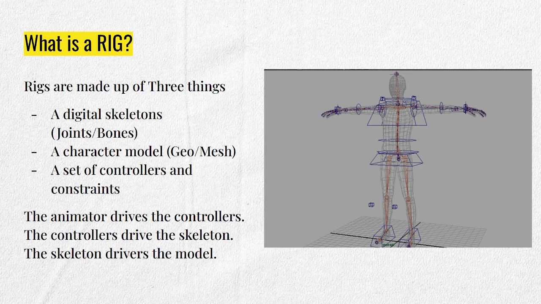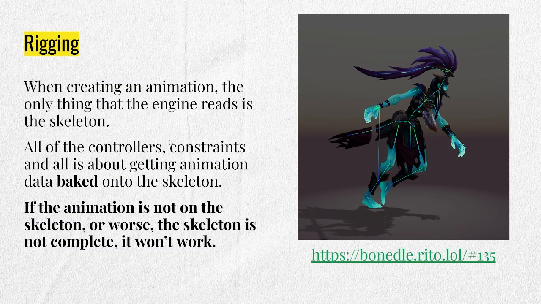It's kind of hard to wrap your head around when you're first learning it, but as soon as you start to get into it, it makes perfect sense. But you have to sort of mind meld with that workflow. It can get really, really cool. So when we are animating, the only thing we really care about is getting all that animation data onto the character's skeleton that is skinned to the mesh.